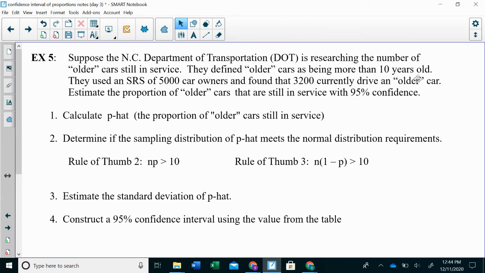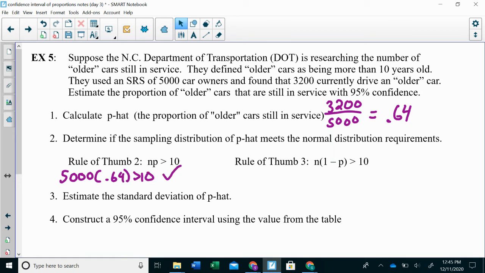So calculate P hat, 3,200 older cars, 5,000 for the sample size, and that gives us a proportion of 0.64. 5,000 times 0.64 greater than 10. Check.